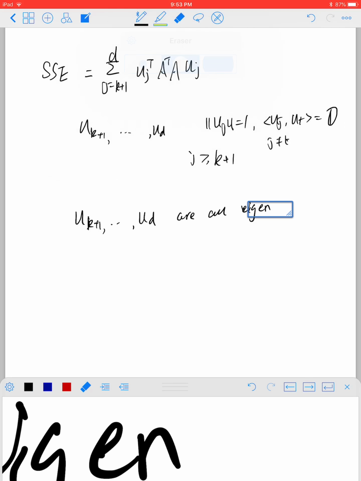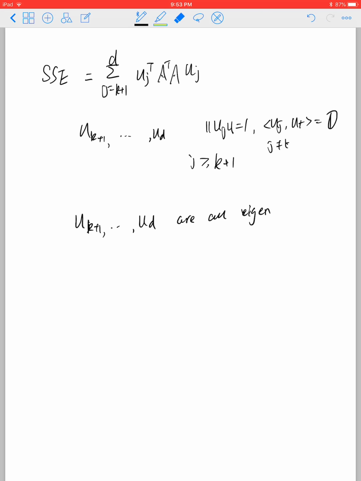And if you're trying to minimize this problem, it seems much easier to minimize, and add the constraint. Remember, UK plus 1 until UD are all orthogonal vectors, meaning that their norm is simply 1, unit vectors, and also Uj, Ut, their inner product is simply 0 when j is not equal to t, and here j must start from k plus 1.